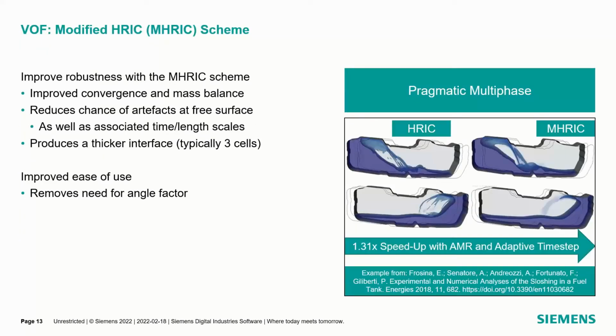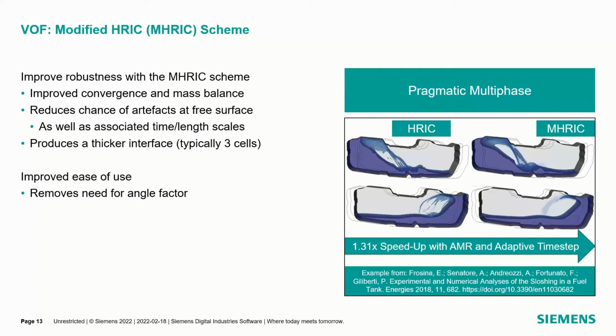So the next cool update is the modified high-resolution interface capturing scheme in the volume of fluid method. And basically what this does is it helps you resolve the free boundary between a multi-phase flow, such as this gas tank with a liquid and a gas in it.